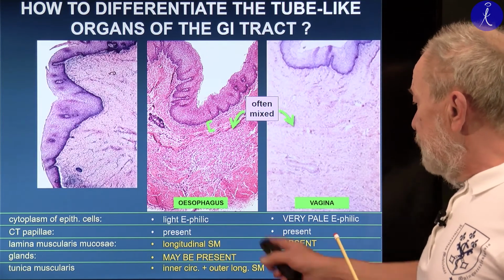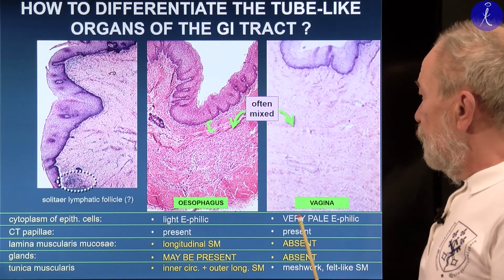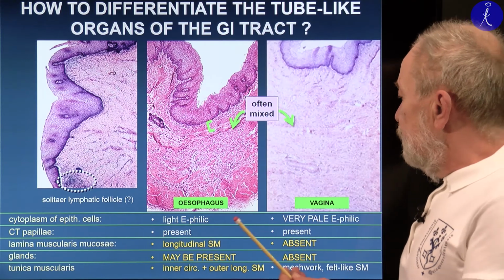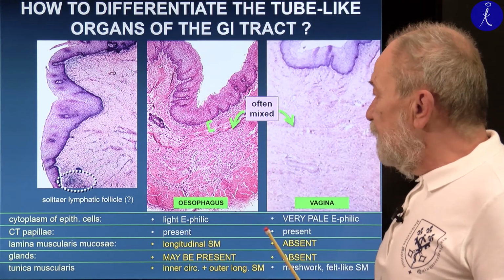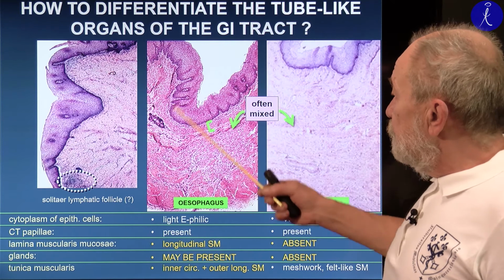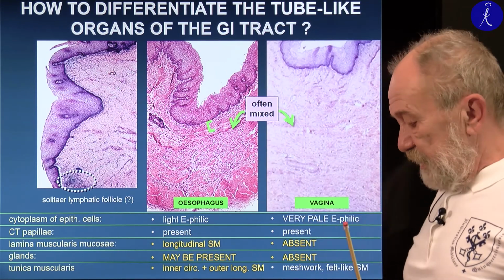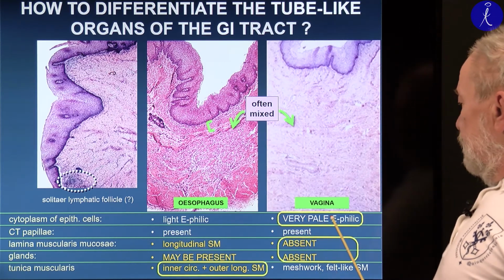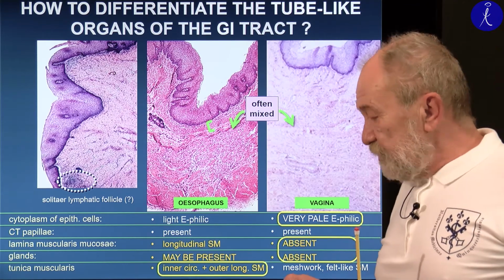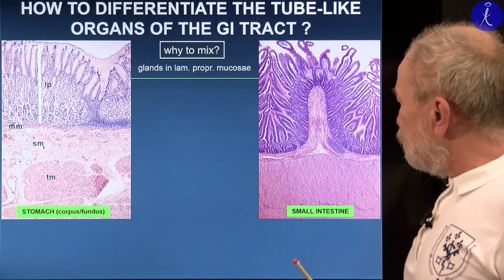So if you compare them with each other, you can see the main differences. Another thing is the solitary lymphatic follicles, but solitary lymphatic follicles could be present in either of the two organs. So these are the most important differences between the two.